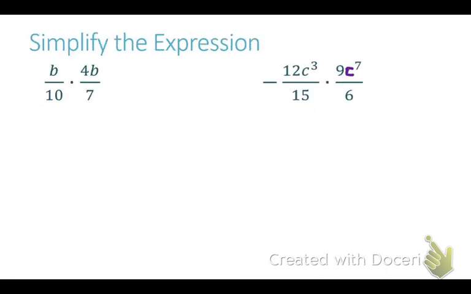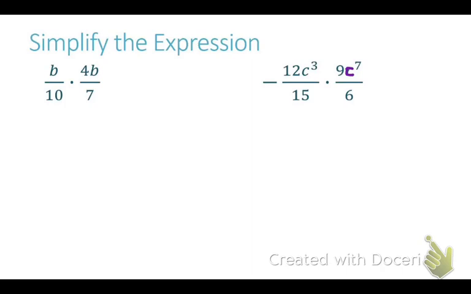So go ahead and simplify the expression now. Remember to go by your product of powers properties here. Product meaning multiplication. So since I am multiplying variables and coefficients, I need to look at their exponents and deal with those. So cross-reduce where possible, and go ahead and simplify these expressions.